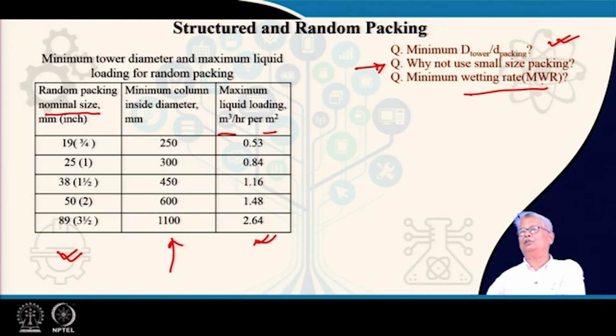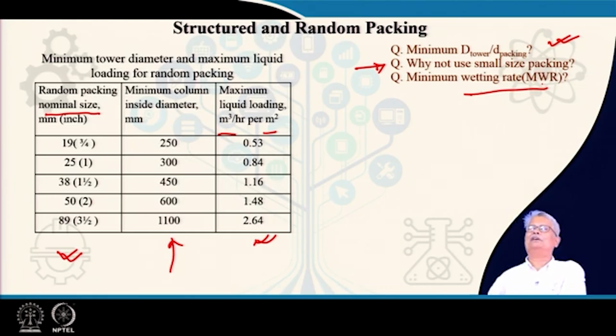Now, there is something else also. When you are choosing a particular packing, there is a minimum wetting rate. That means, if I do not supply a packed bed with a sufficient amount of liquid flow, the entire bed surface will not get irrigated properly. Some of it will run dry. So, that is a loss.